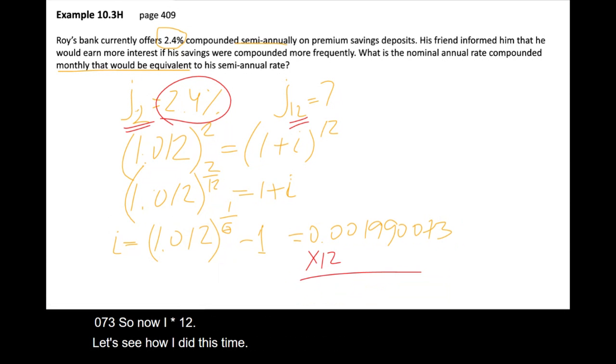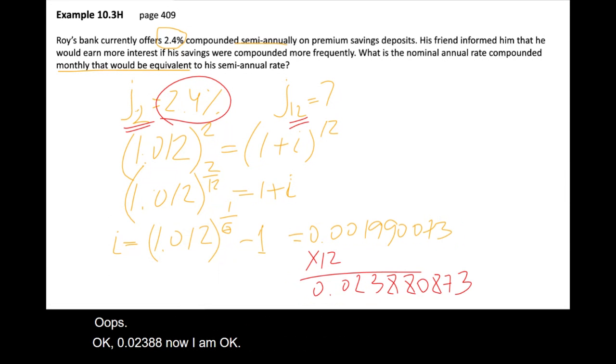Oh, yeah, right. Let me recalculate it. Oops. Okay, 0.02388. Now I am okay. So it's less than 2.4. You see that?